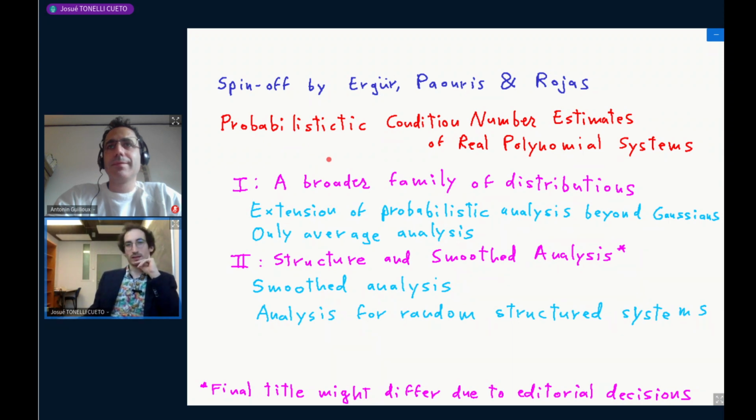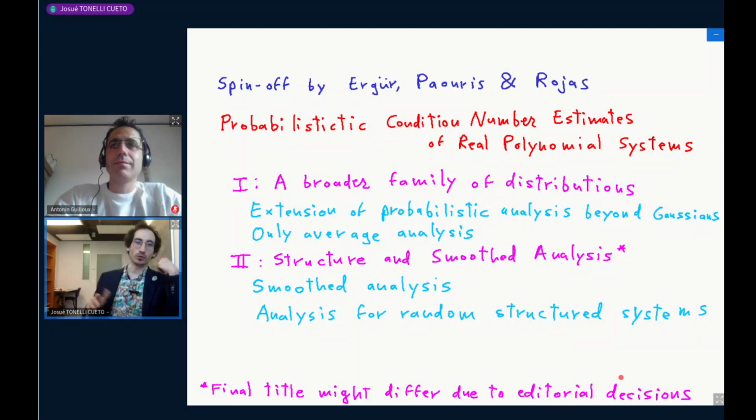In this one, they do like a broader, so they do like two papers. The first one, a broader family of distributions. They show that you don't need Gaussians for the probabilistic analysis, although they only did the average analysis in the first part. But then on the second part, they extended it to a smoothed analysis, and they also tackle some structured systems.